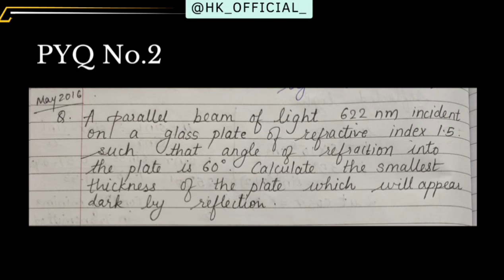Calculate the smallest thickness of the plate which will appear dark by reflection. Which will appear dark by reflection is giving you the hint. What would be the hint? Yes, you are right. Condition for minima. So in this numerical, we have to use the condition of minima. So that is the hint for getting us the formula.